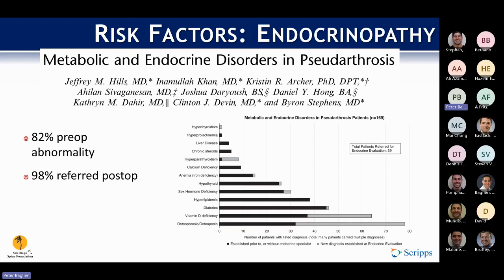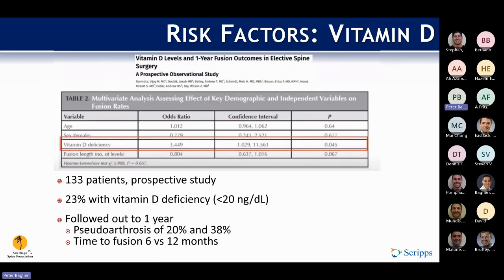Out of patients referred to endocrine post-op, 98% had some sort of endocrine disorder. I think it's important to note that a lot of those endocrine disorders are modifiable or at least controllable, especially vitamin D deficiency, to some extent diabetes, osteoporosis, and osteopenia. So a large part of the importance of this topic relates to hopefully optimizing patients with those diagnoses. So we'll start by talking about vitamin D.